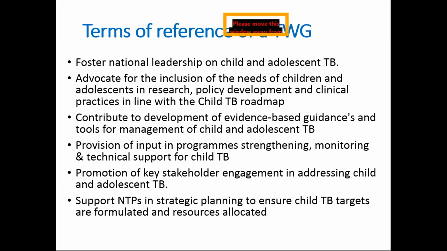So it should foster national leadership on child and adolescent TB, advocate for inclusion of the needs of children and adolescents in research, policy development, and clinical practices in line with the child TB roadmap, contribute to the development of evidence-based guidance and tools for the management of child and adolescent TB, provide input in program strengthening, monitoring, technical support for child TB, and promote stakeholder engagement in addressing child and adolescent TB, and also support NTPs in strategic planning to ensure that child TB targets are formulated and resources allocated for these activities. Next slide.